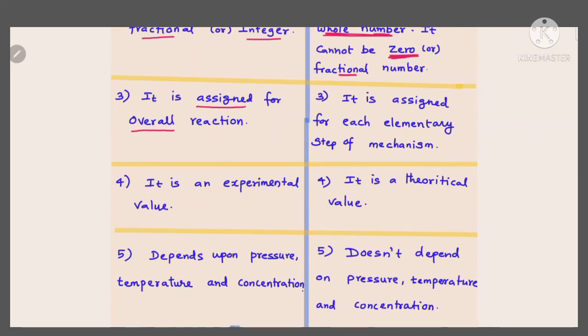But molecularity is assigned for each elementary step of the mechanism. For a reaction occurring in multiple steps, for every elementary step we are able to give a molecularity, isn't it? Molecularity can be given for each elementary step, but order can be given for the overall reaction only. Okay, that's the third difference.